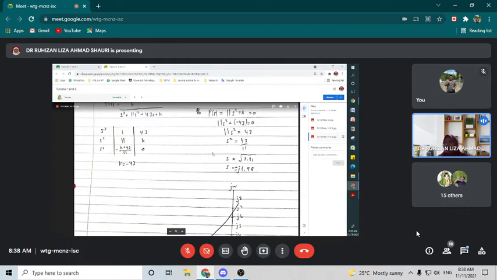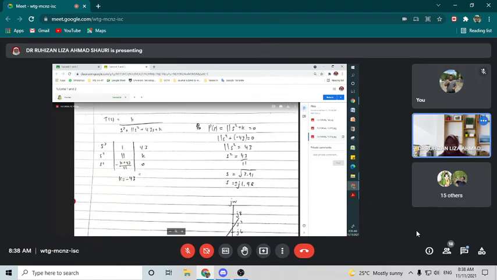Can you tell us what's the answer for the K that you have together with the point of crossing?